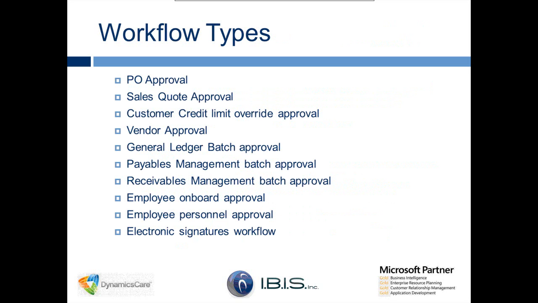The types that you had to set up. So if you want to look at setting up an approval process, here are your different types of workflows. You have the PO approval, which we'll spend a little bit of time going through. You have sales quote approval, customer credit limit override approval, vendor approval, general ledger batch approval, payables management batch approval, receivables management batch approval, and then also with the HR series, you have the employee onboard approval and the employee personnel approval.